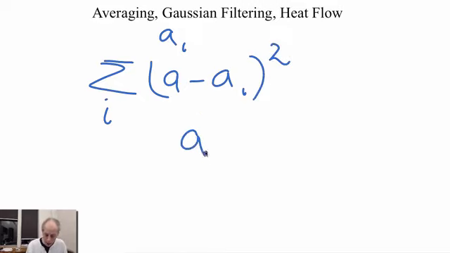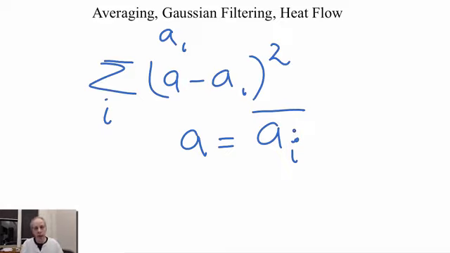So the number I'm looking for is the average of all the numbers that I have. You sum all the numbers and divide by the total number of a_i that you have.